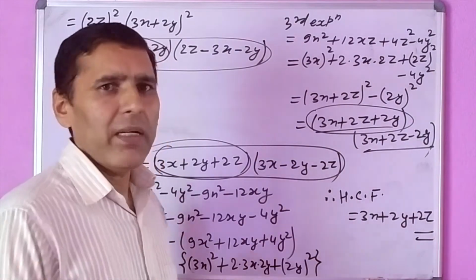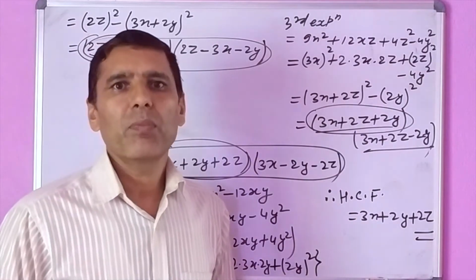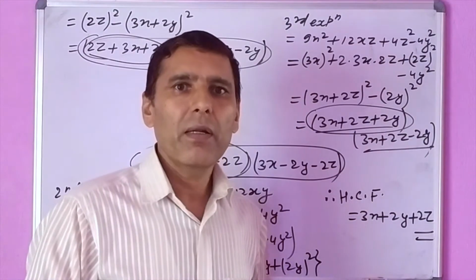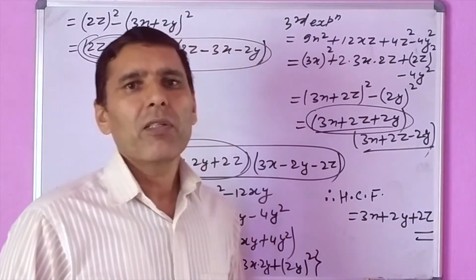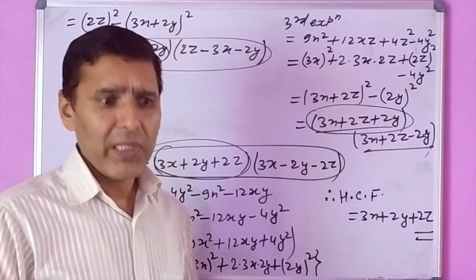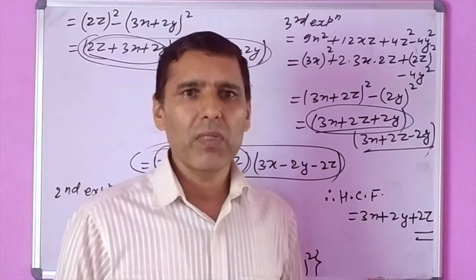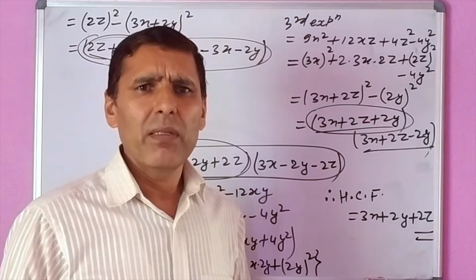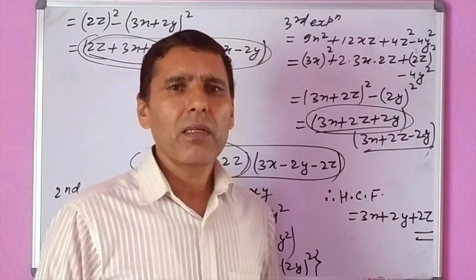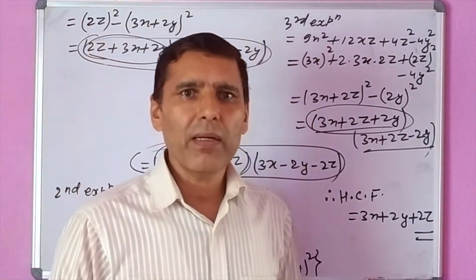Sometimes we have to take common which term has to be made a square, or which is to be made b square. It all will be according to the structure of the question, terms and sign of the terms. If we can play with all these things at the same time, and we know all the formulas as well, it will not be so difficult to factorize such expressions. Guys, it is up to your practice, how much you practice.